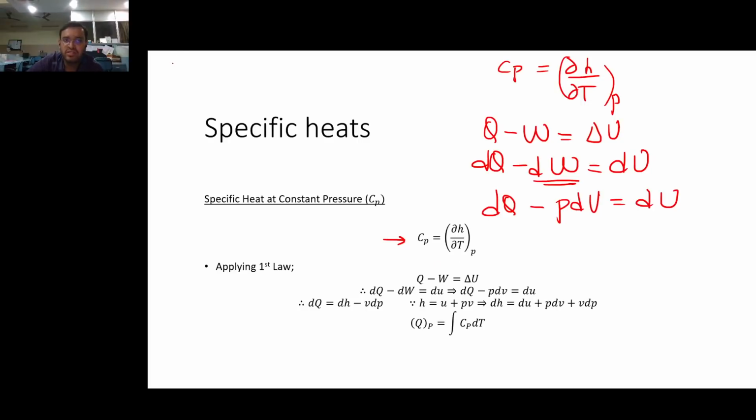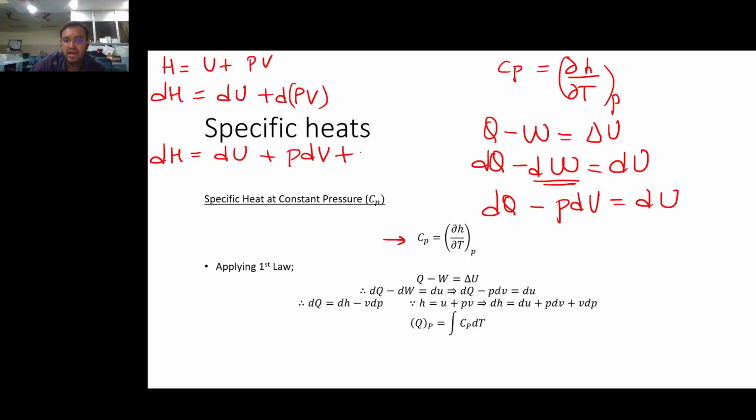Now let's express the mathematical definition of enthalpy. H is equal to U plus PV. If you differentiate both sides, dH is equal to dU plus d of PV. Opening this up with the chain rule, dH is equal to dU plus PdV plus VdP.